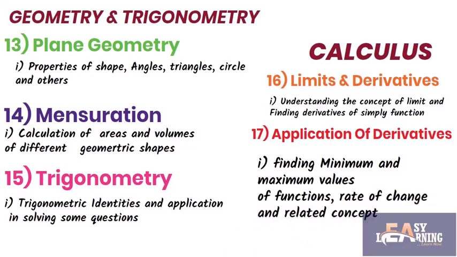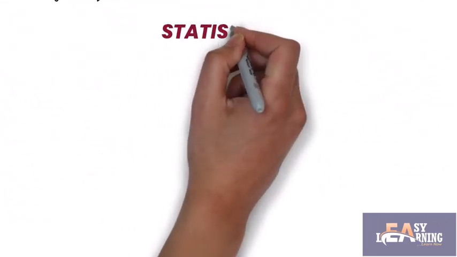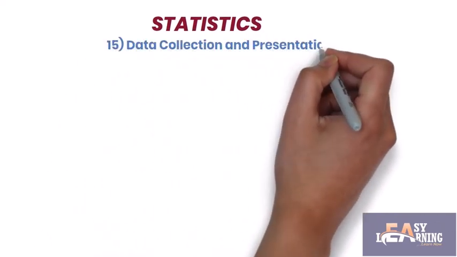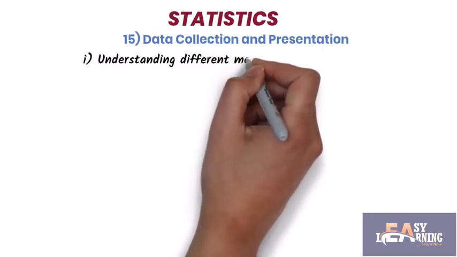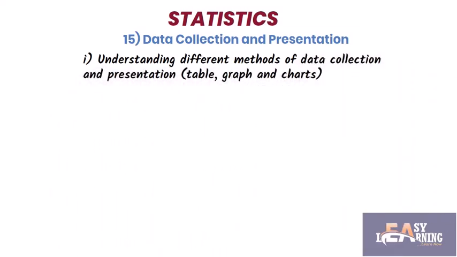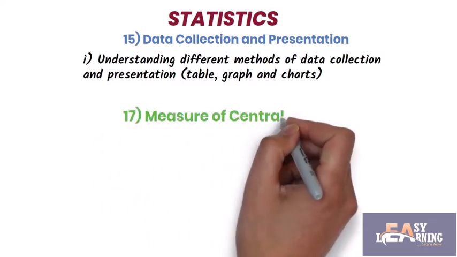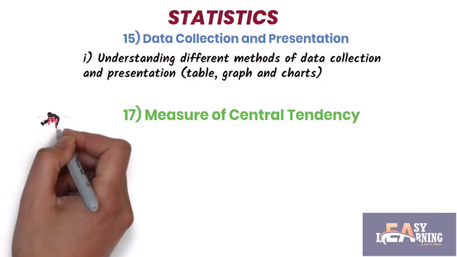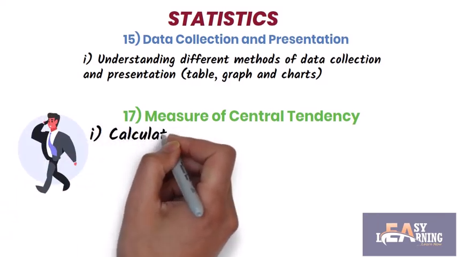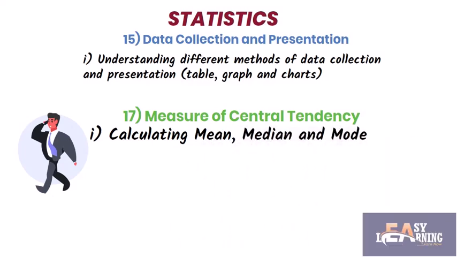Gradually we'll be taking the class to an end with statistics. Under statistics, we'll be looking at data collection and presentation, understanding different methods of data collection and presentation, talking about tables, graphs, and charts. Measures of central tendency will knock on our door, and we'll calculate mean, median, and mode.